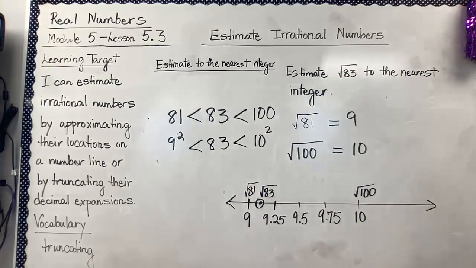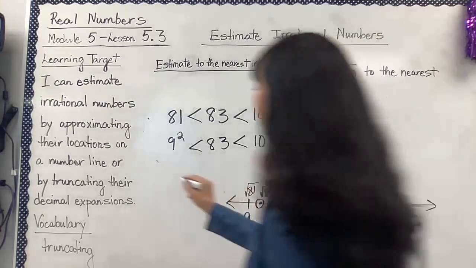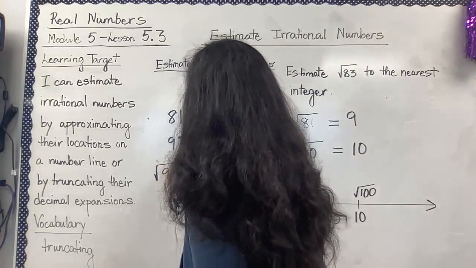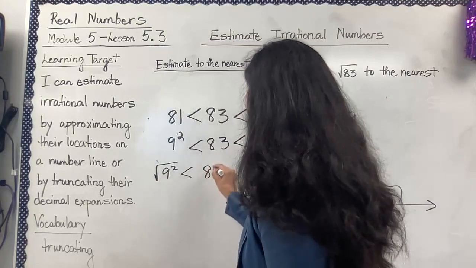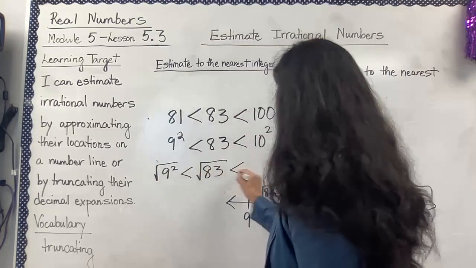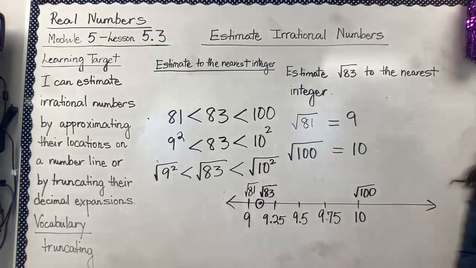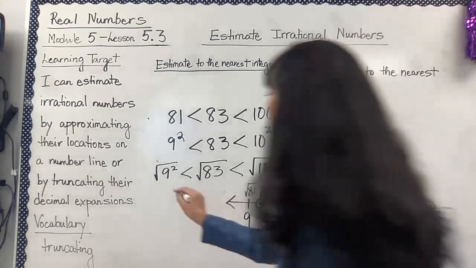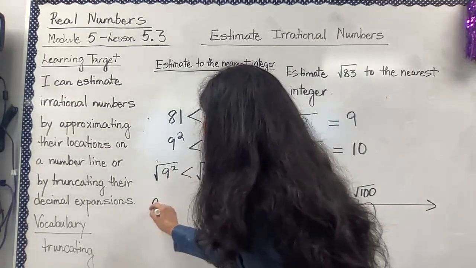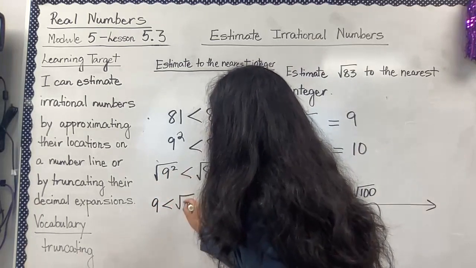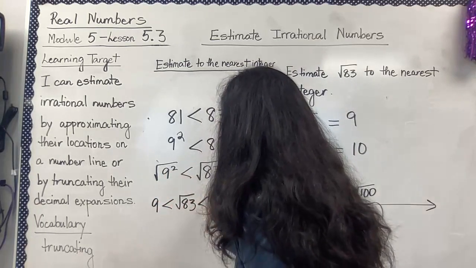Next we are going to find the square root of each number, and then after that, we are just going to simplify. So square root of 9 squared, which is 9, is less than square root of 83, which is less than 10.